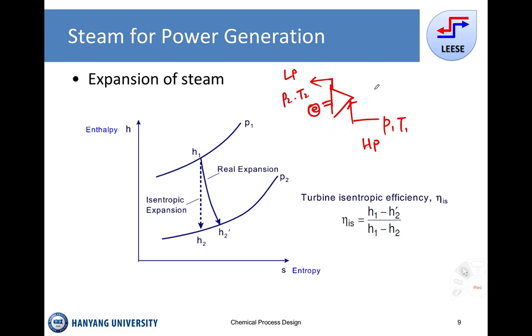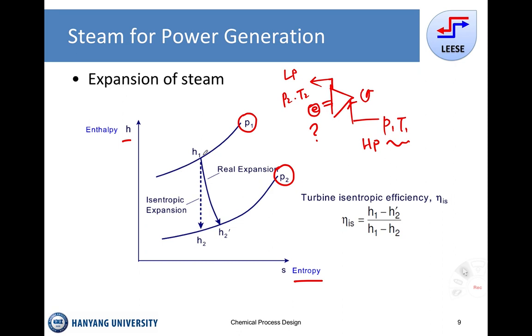We want to estimate how much power can be generated from this steam turbine. The initial condition might be given here. Using the enthalpy and entropy diagram, this is the inlet pressure, and we want to expand it to the low pressure, P2.